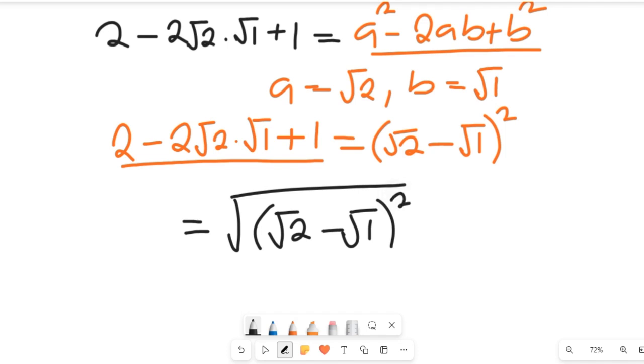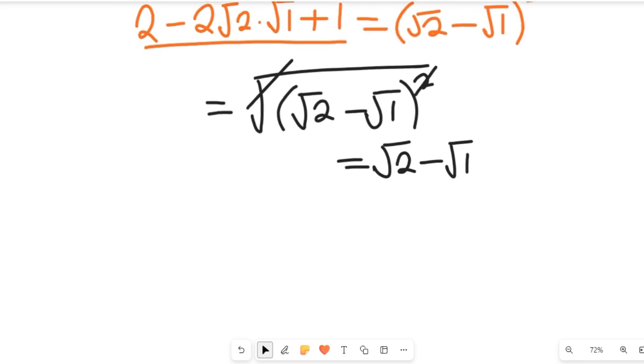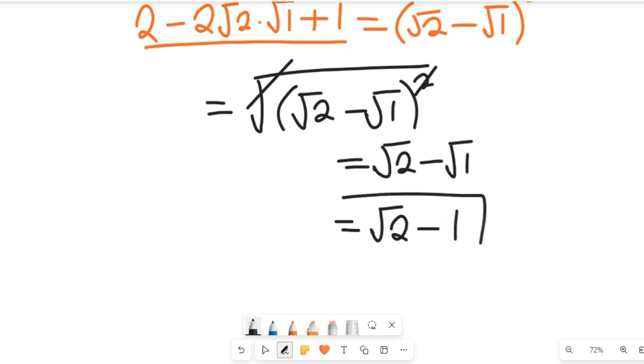So this can clear this whole square root, and then we'll have root 2 minus root 1 to be the solution. Root 1 is still equal to 1, so our solution will be root 2 minus 1, and that will be the solution to that expression.